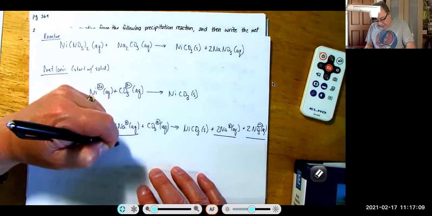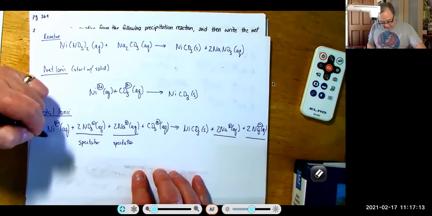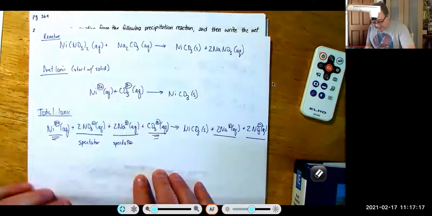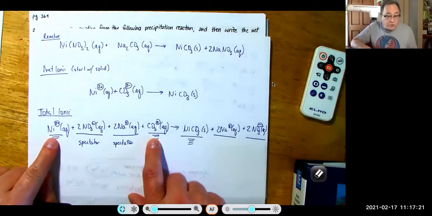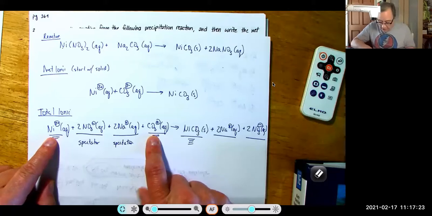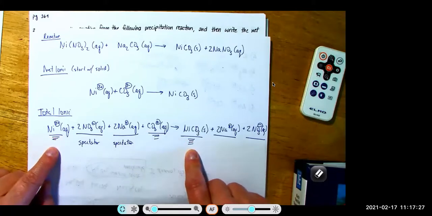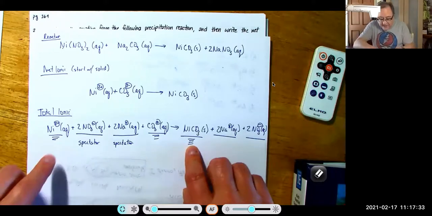Now, can you see how these 2 ions, which I'm going to put a little line underneath, which were free floating, are now ionically bonded together? So the formula has changed. This is a chemical reaction and they belong in the net ionic.